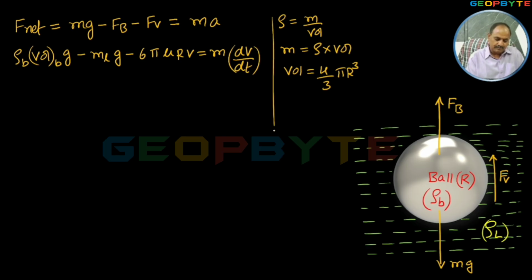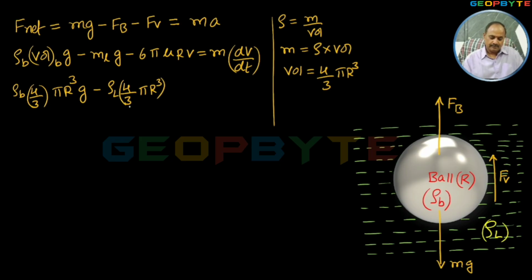Listen carefully, very very important. So here density of the ball into 4 by 3 pi r cube into g, minus mass of the liquid, which is density of the liquid times 4 by 3 pi r cube, that is the volume of the liquid displaced.